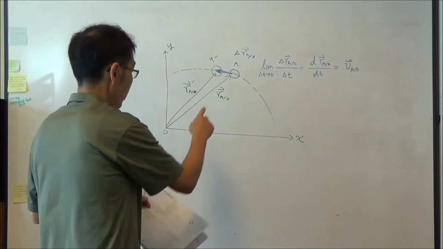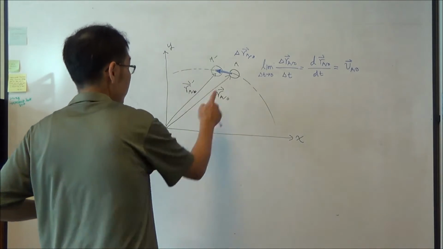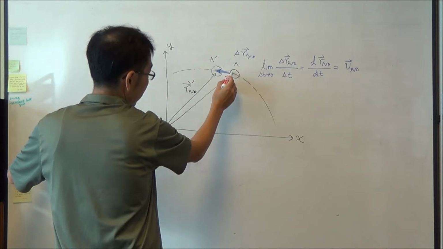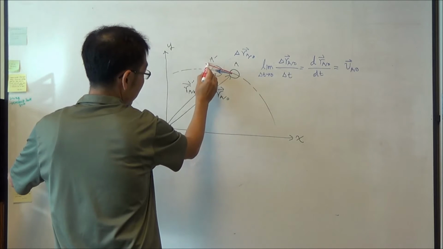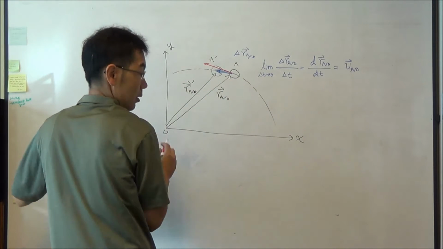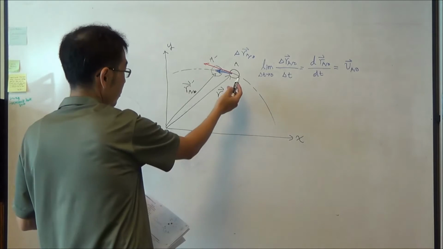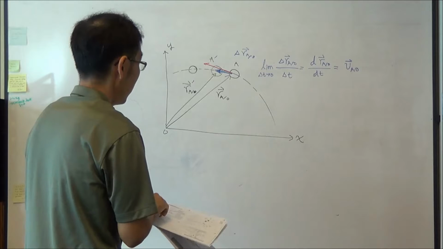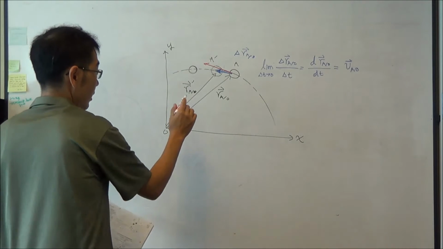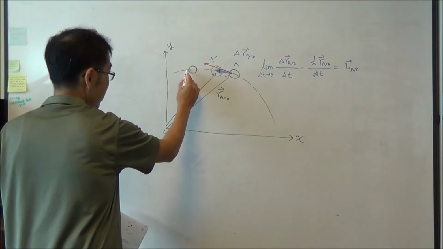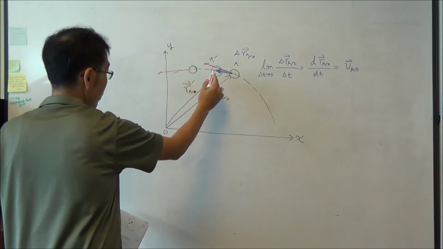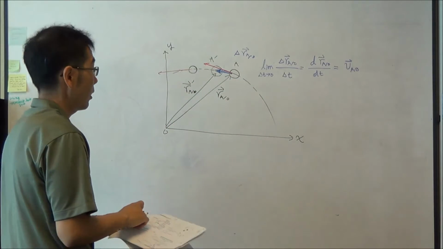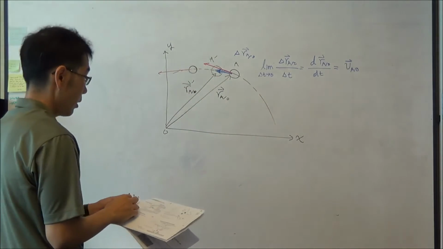Which means at this time the velocity of A is just tangent to this curved path. Likewise, if this one is moved along here, at that time the instantaneous velocity of this ball is just tangent to the curved path. Okay. Tangent to the curved path.